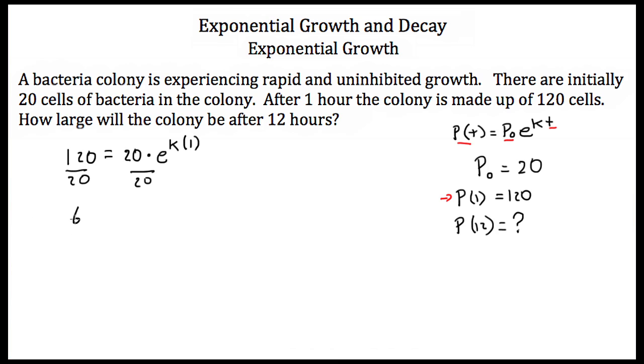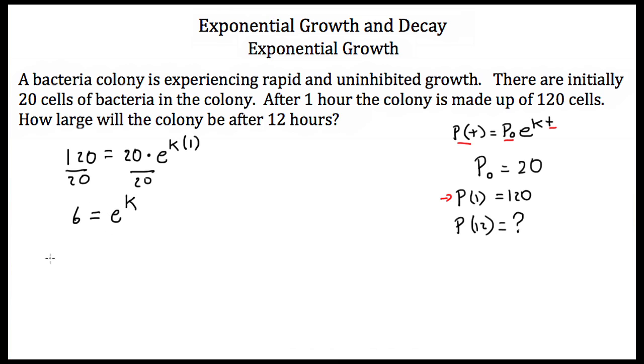I'm going to end up with 6 is equal to e to the 1 times k, or e to the k. So here I have my exponential isolated now on one side of the equal sign, and it's equal to some number. So if I want to get this k out of the exponent, I have to rewrite this as a logarithmic equation. Now since I have a base e, I'm going to write it as a natural log.